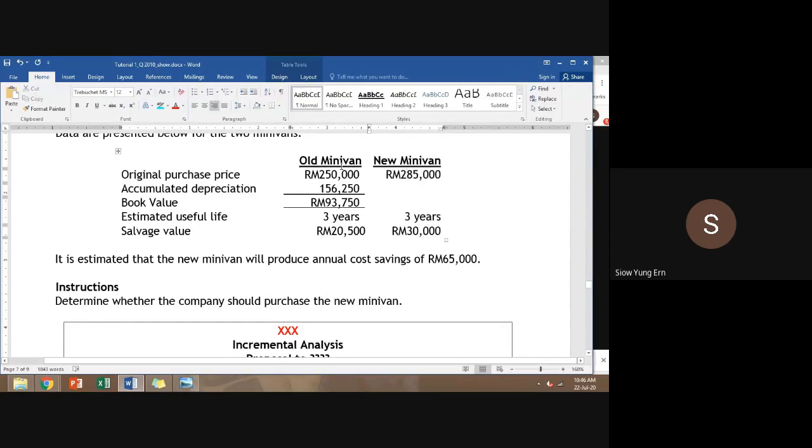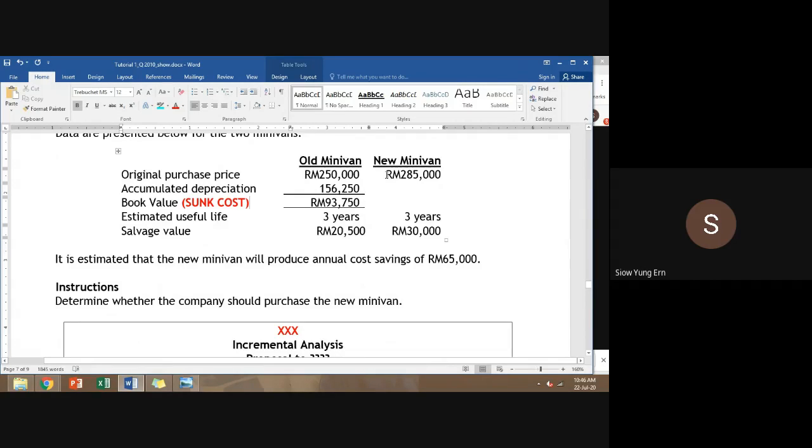Your old minivan book value 93,000. So remember book value is a sunk cost, class. Book value is a sunk cost because it records past history, when you bought the old minivan many years ago. So this is a sunk cost.